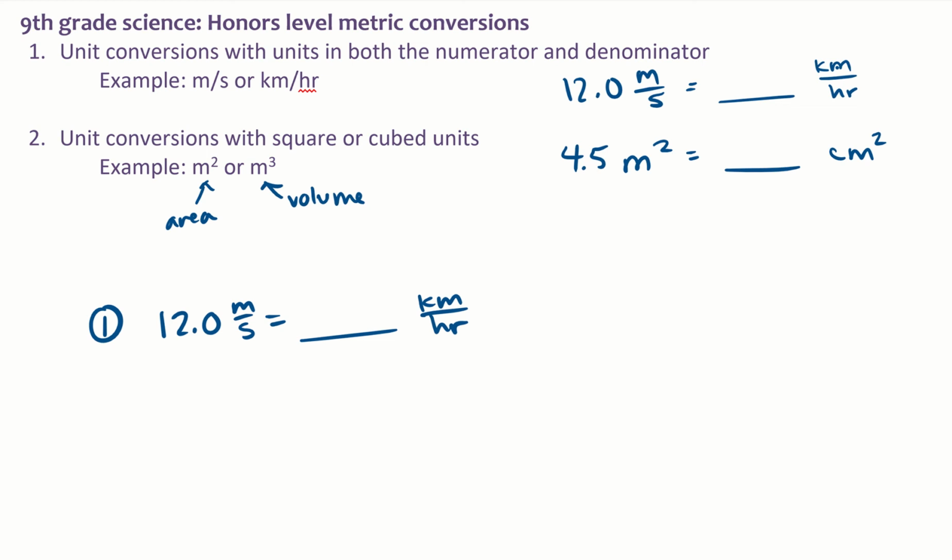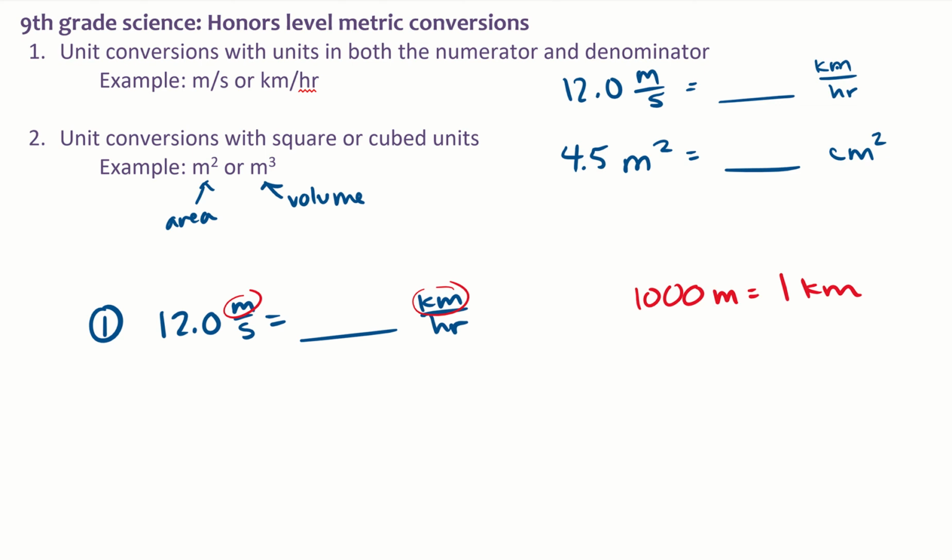How do these units relate to each other? Okay, I can either look at my conversion chart for the meters to kilometers, or I can kind of know that kilo means 1,000. So when I'm looking at my numerator units here, the kilometers and the meters, I know that there's 1,000 meters in 1 kilometer. Okay, that's kind of my definition of what kilo means. That prefix kilo means 1,000.